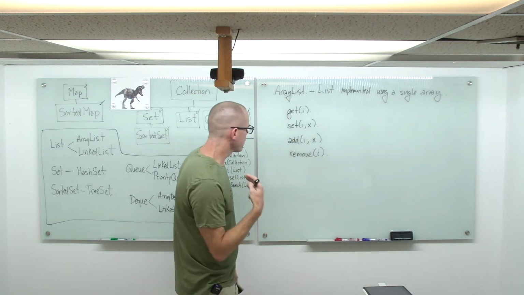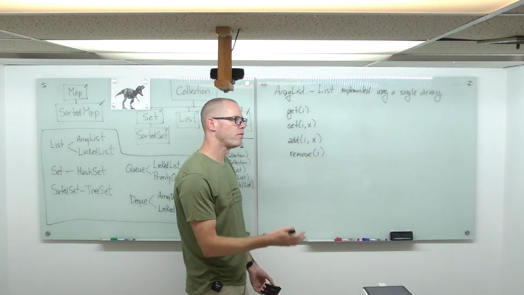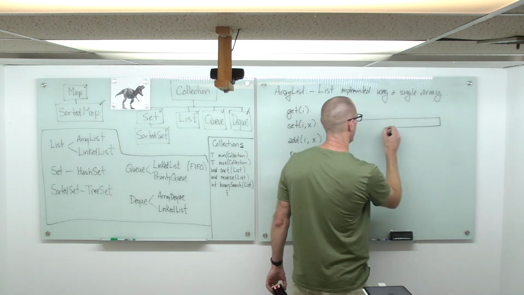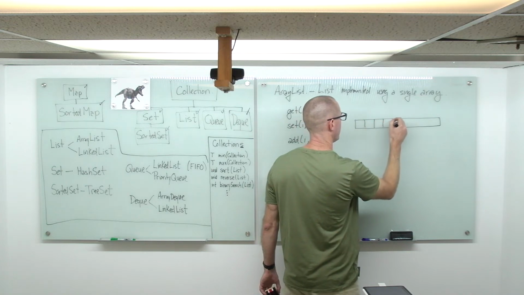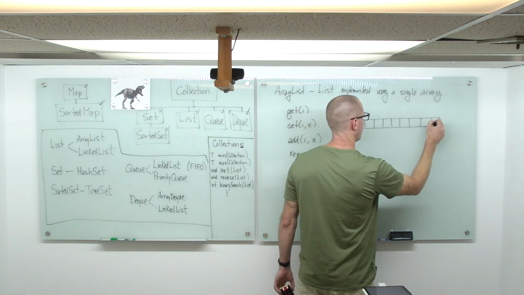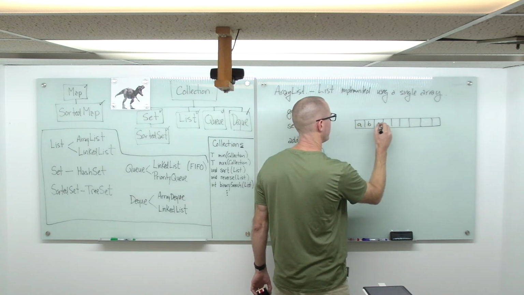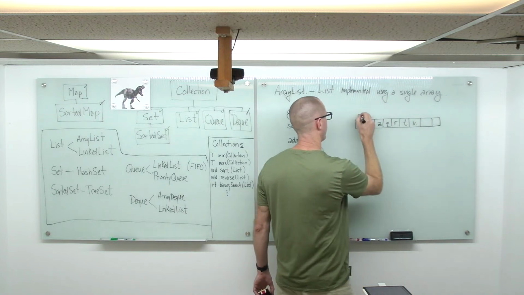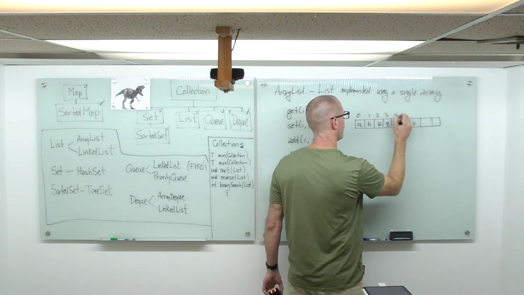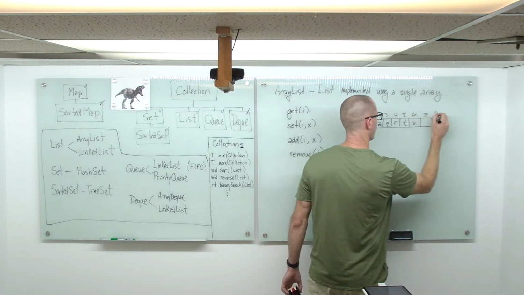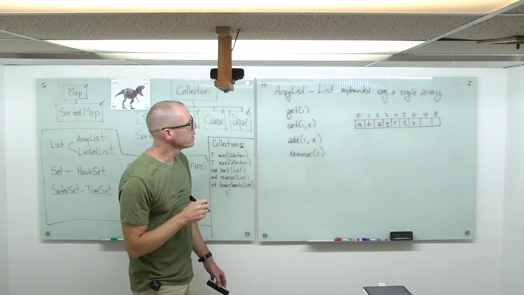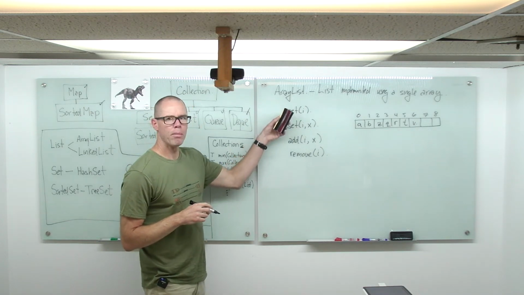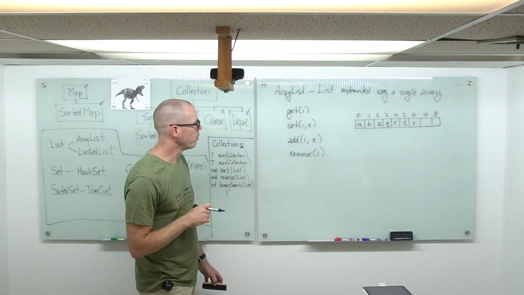The list is supposed to represent a sequence of elements indexed from 0, so it's very natural to store that sequence of elements in an array, because then get and set become really easy to implement.